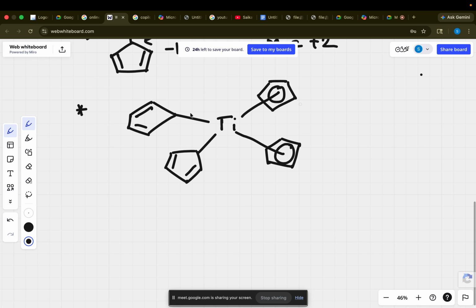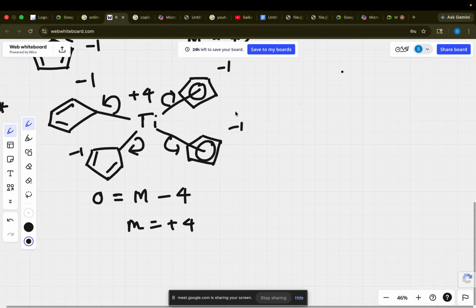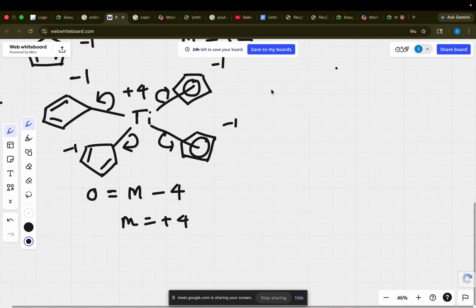So again this bond you have to cleave like this. Okay, my voice is breaking or it's fine? Yes, sir. Fine. So again this bond will break like this because you will get an aromatic system. So again 0 is equal to M, -1 from each ring, so -4. So metal is +4. See, simple things you can do easily, but you have to know it properly. How the bond cleavage is done, you have to know, otherwise you will make a mistake.